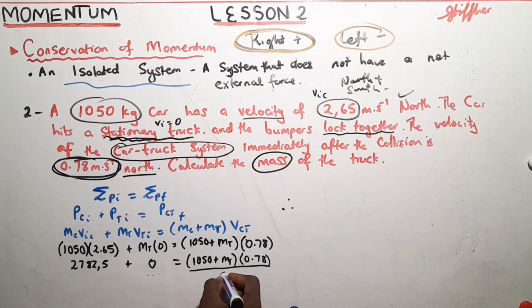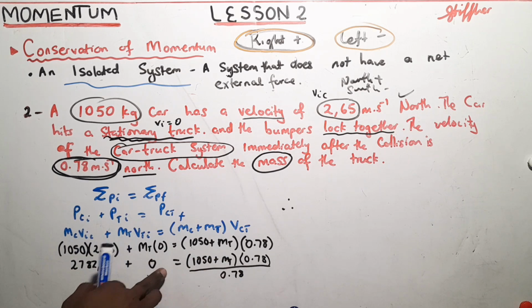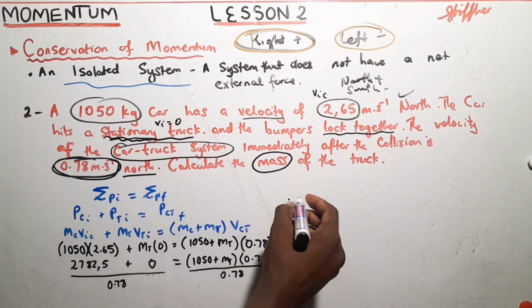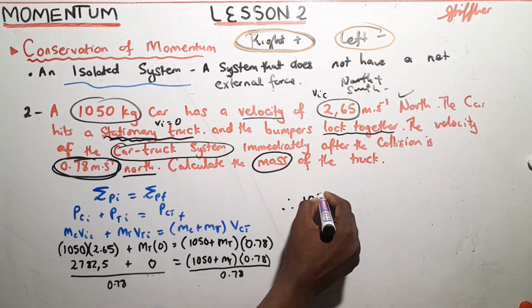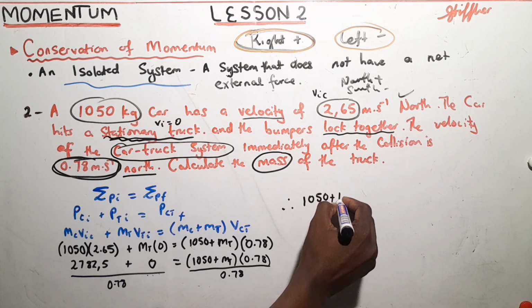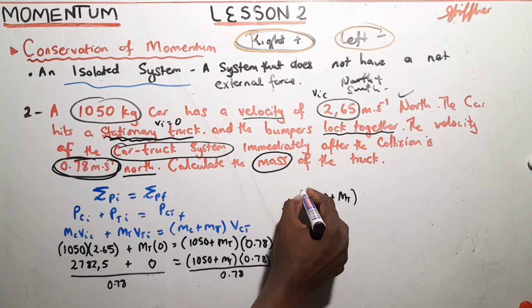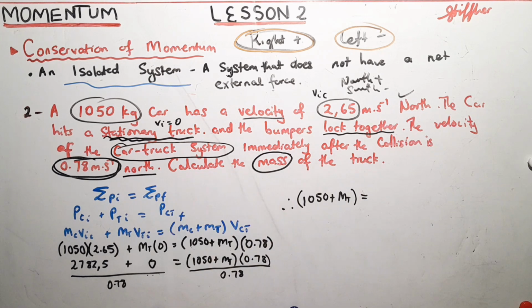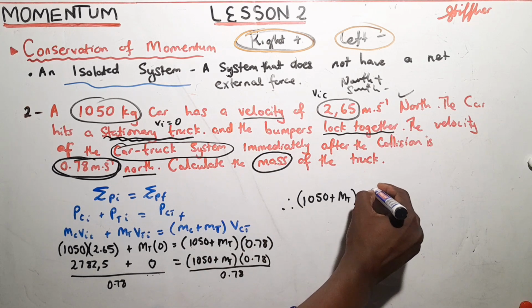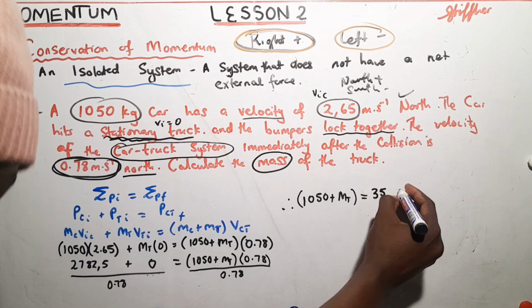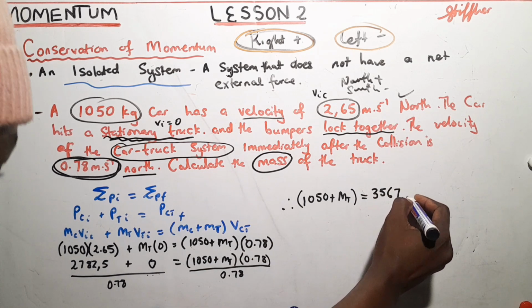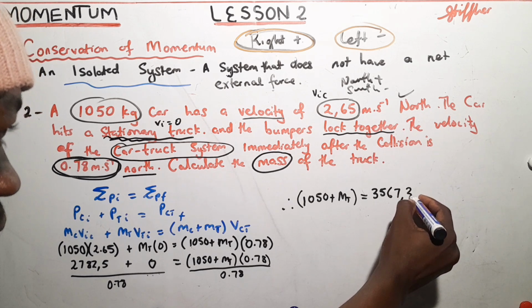So we divide by 0.78, and since this is 0, the 0 will just go, divided by 0.78. We can see that 1050 plus the mass of the truck will be equivalent to 3567.31.